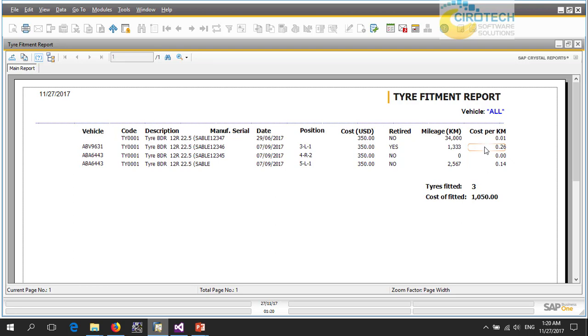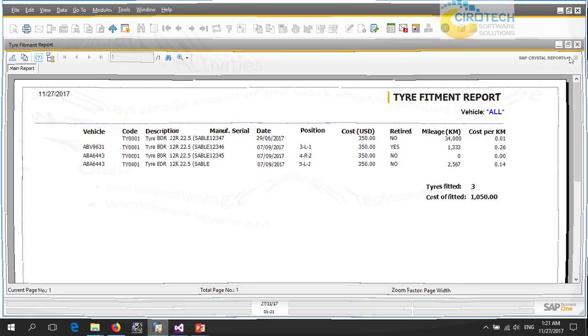It might be that it's fitted on a steering axle, whereas the other ones are driven axles, or it's not the right brand for our vehicle. And so all sorts of decisions can be made on this, whether to swap tires out to different axles or whether to focus our purchases of tires in future to the cheapest or the lowest cost brands.